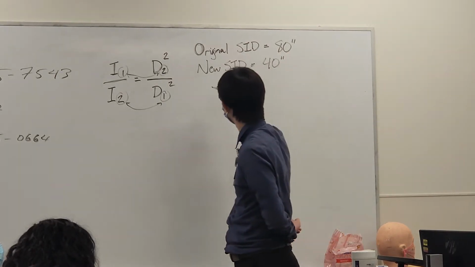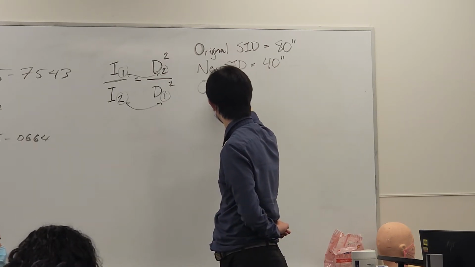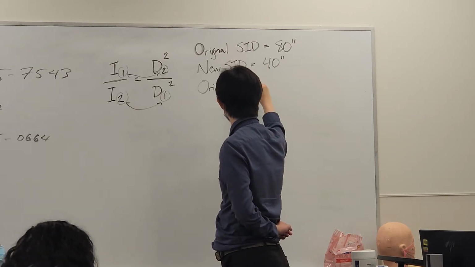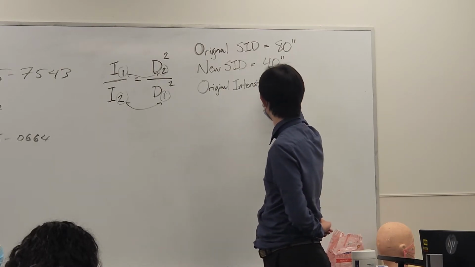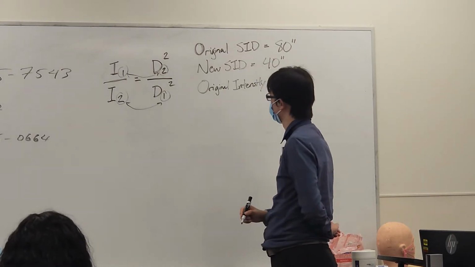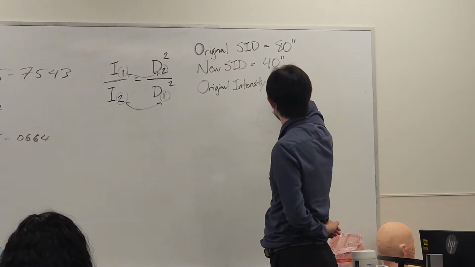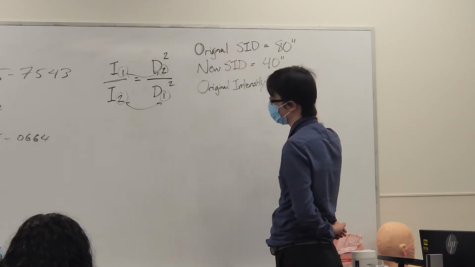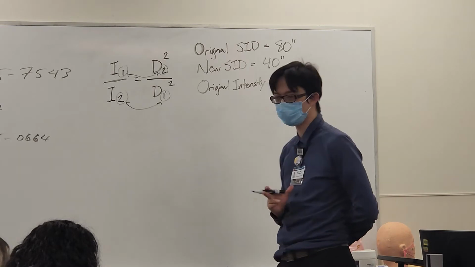And let's say that our original intensity is, let's use an easy number, 4 milligrays. I'm just making up a number here.